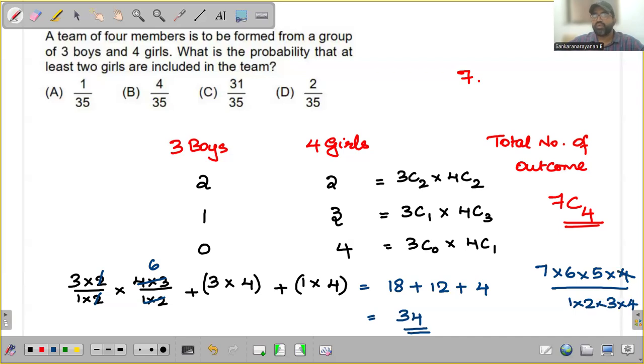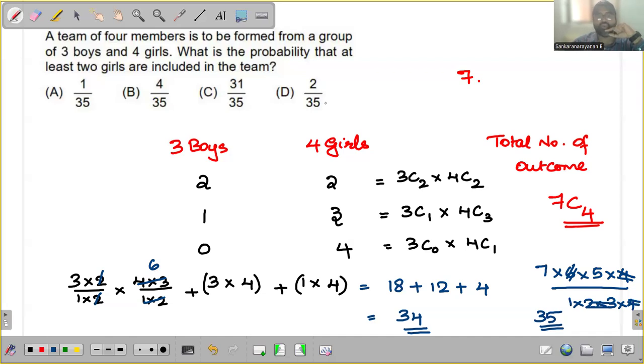This 4 and this 4 can be cancelled. 3 2s are 6, that can be cancelled. 7 5s are 35, you are getting. Now when we are observing it, I can see some calculation error, I think. Let me just check. Anyway, 35 is the total number of ways I can get this thing done.